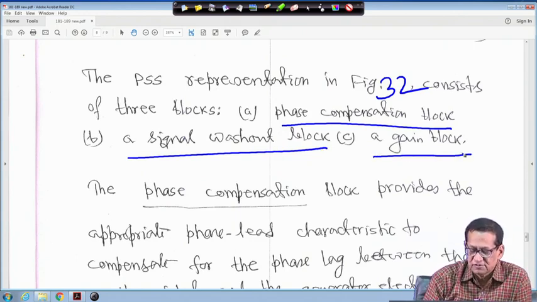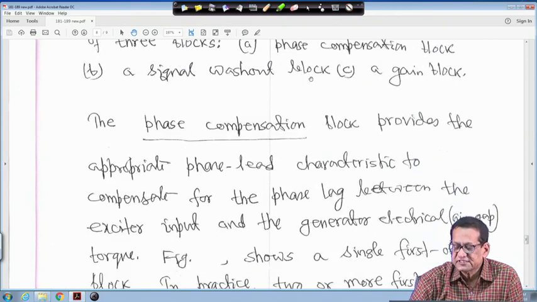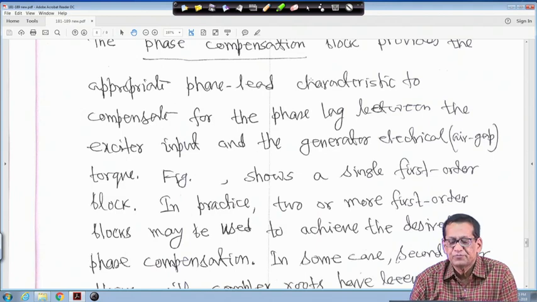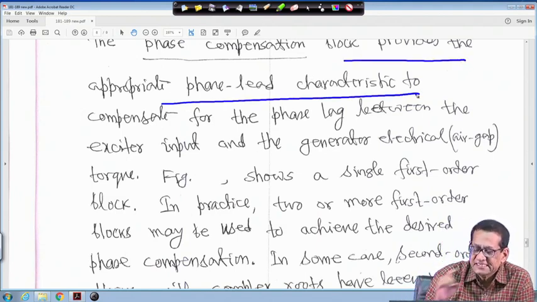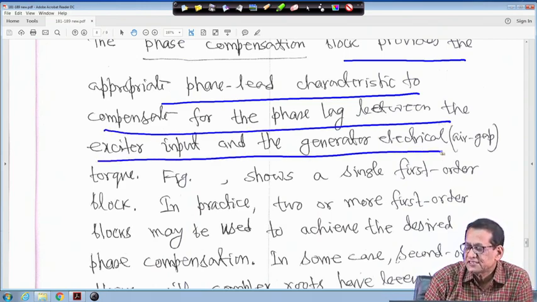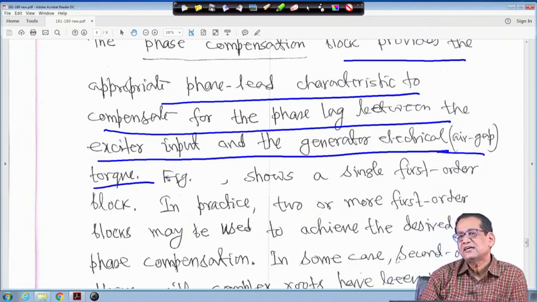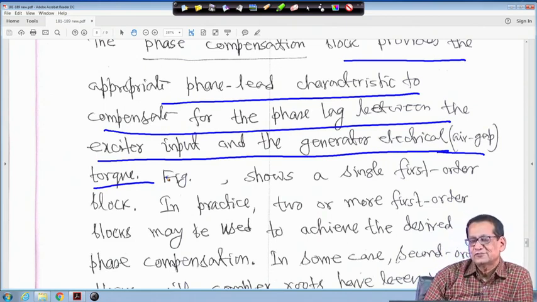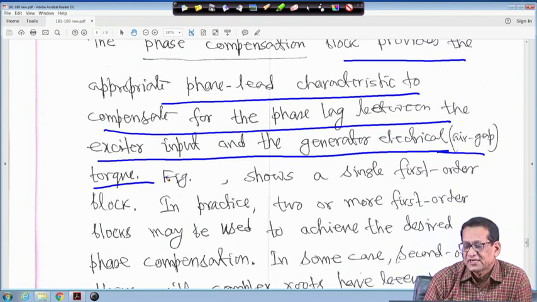The phase compensation block provides the appropriate phase lead characteristic to compensate for the phase lag between the exciter input and the generator electrical torque. We have seen the angle of minus 42.3 degrees. You have to compensate the angle, that is, a phase lead characteristic to compensate for the phase lag, such that we can get a pure gain.